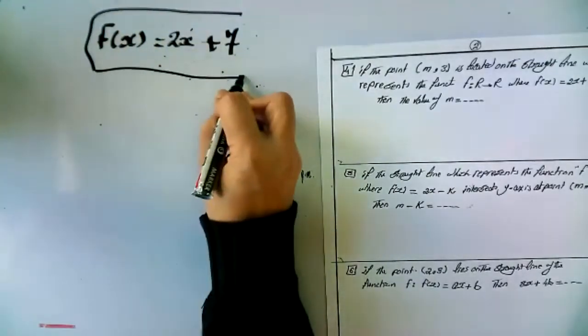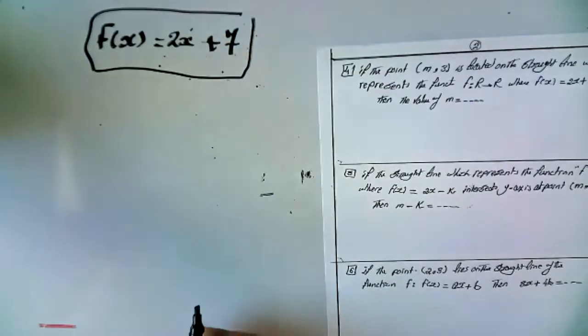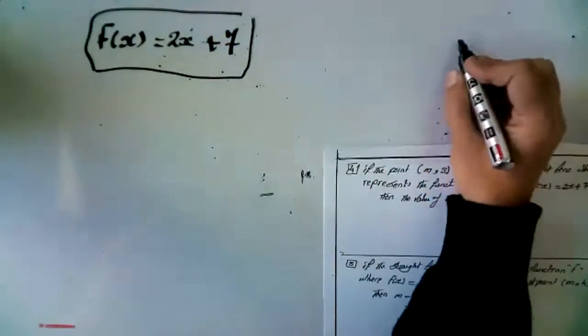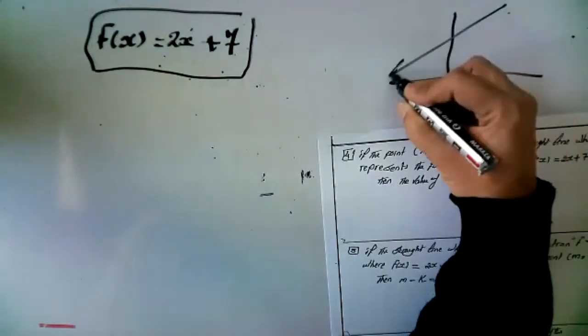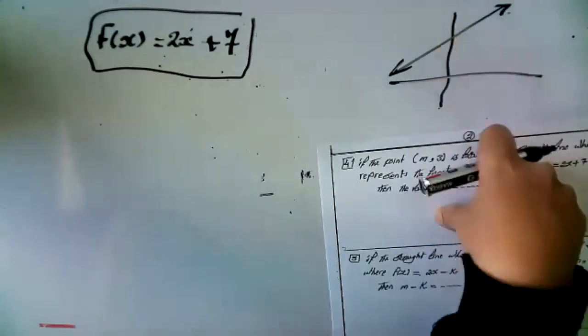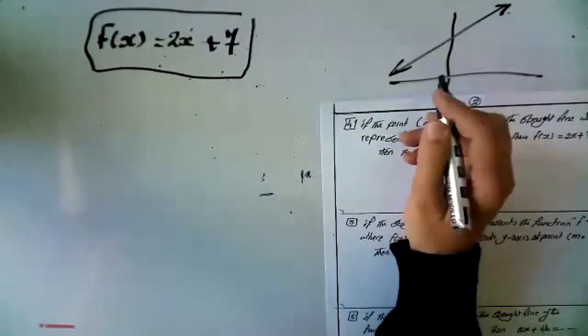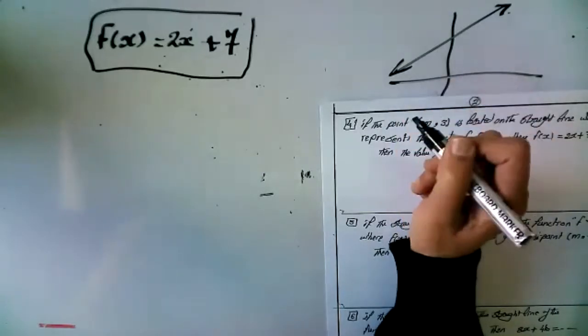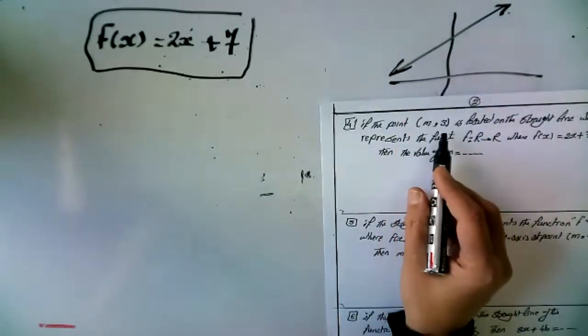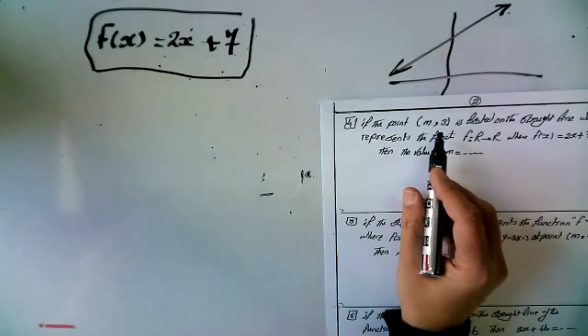You know that the linear function is represented graphically by a straight line, and the straight line contains an infinite number of points. The point (m, 3) is one of the points of the straight line.